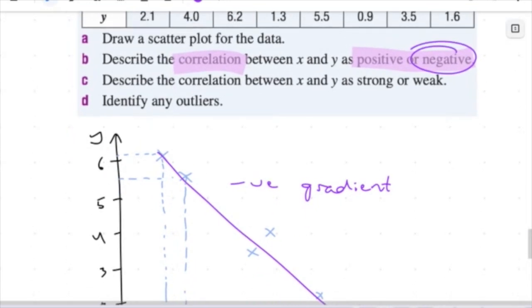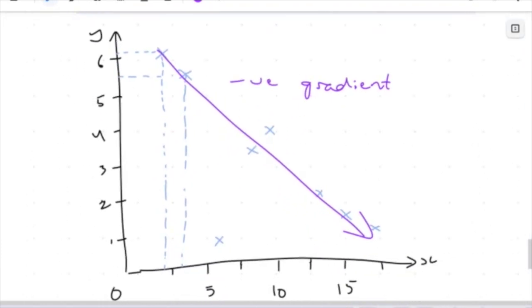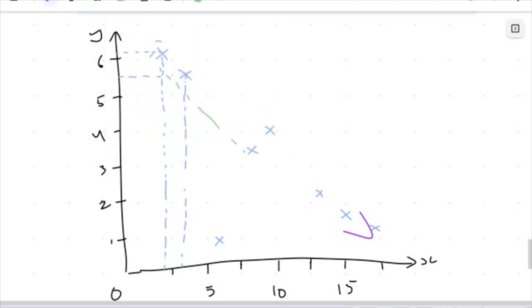Now in the next part, it says describe the correlation between x and y as strong or weak. Now with these particular points that we have, we can see that they're quite heavily packed in. They appear very linear here. They're not super scattered.